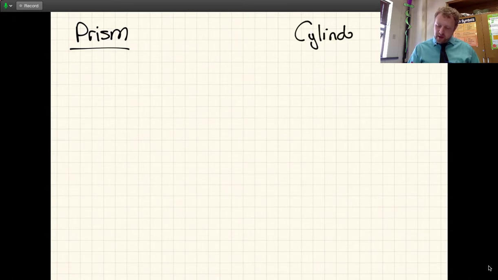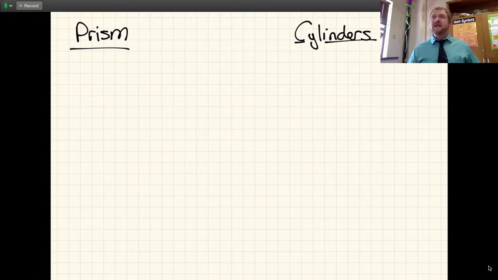All right. Now, ultimately, we are going to be talking about the volume, or the amount of space, of two different types of objects. The first one is a prism. We're going to talk about the amount of space prisms take up, and also cylinders and the amount of space cylinders take up.